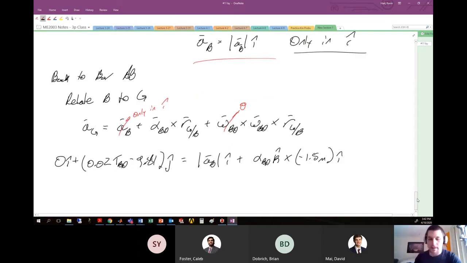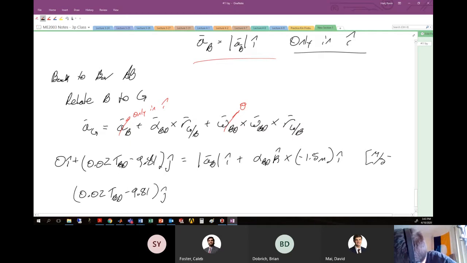Units here, obviously, meters per second squared. Here I have the magnitude of the acceleration of B, whatever it is. I don't know what it is, but I know that it's solely in the i direction. Plus here I have k cross i, which will give me positive j, but I have to retain this negative sign.